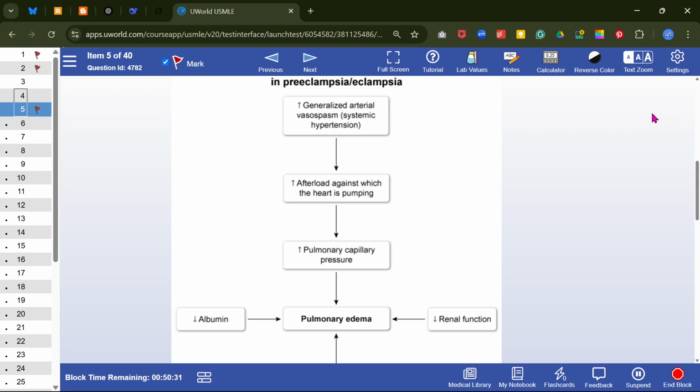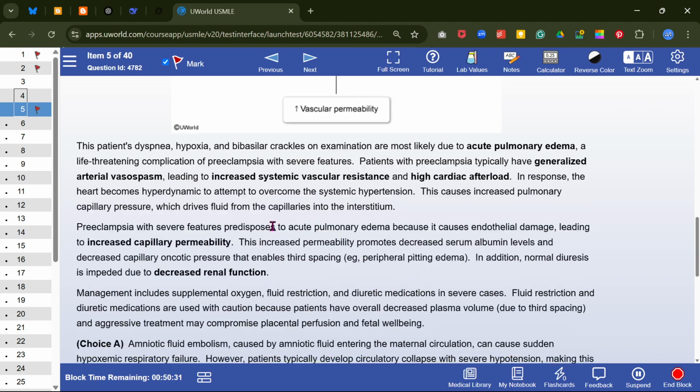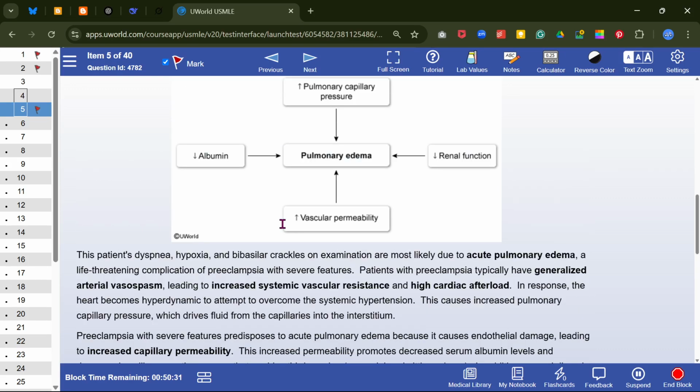Backing up. Okay. Atrium, then backflow. Yes. Okay.